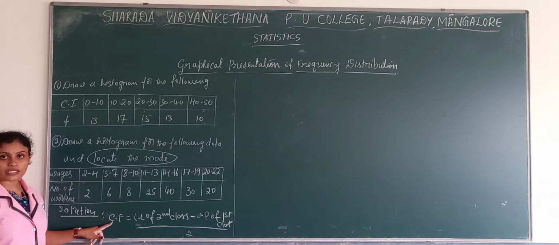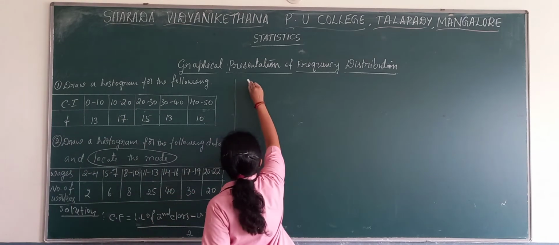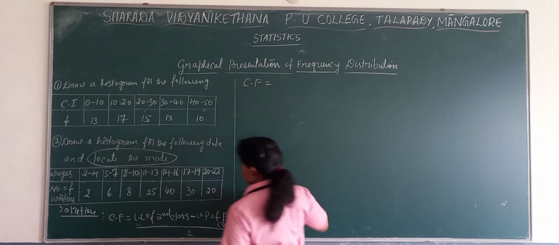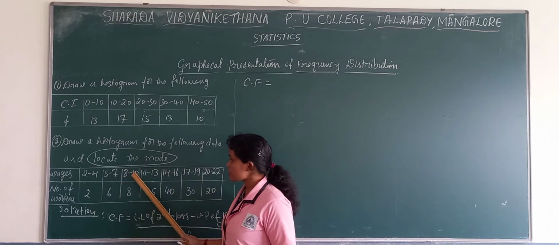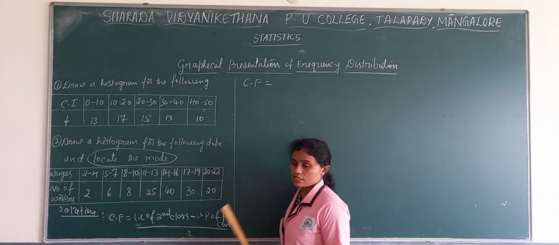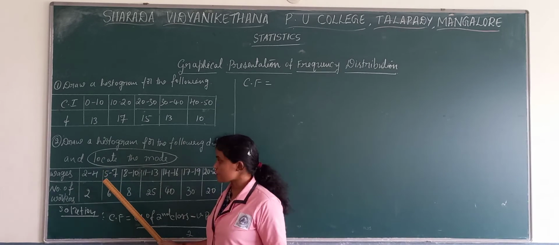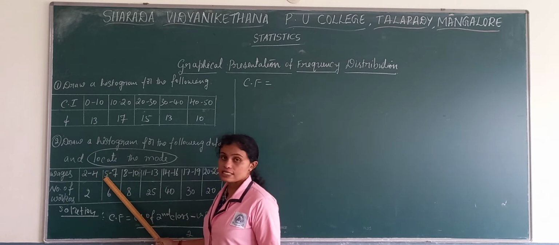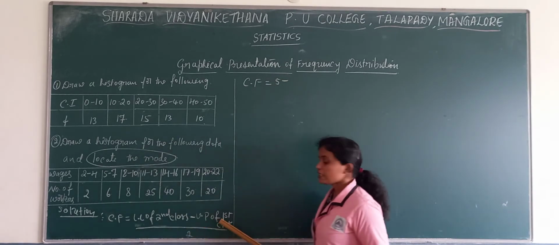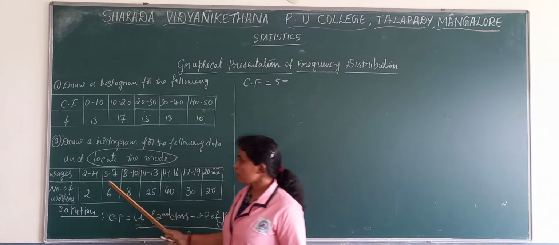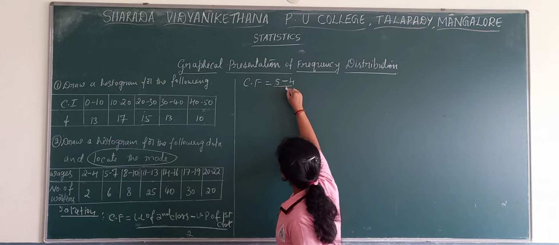We use the correction factor to convert inclusive classes into exclusive form. Here, the correction factor is the lower limit of the second class, minus the upper limit of the first class, divided by 2. The formula will not change. 5 is the lower limit of the second class, minus 4, the upper limit of the first class, divided by 2.